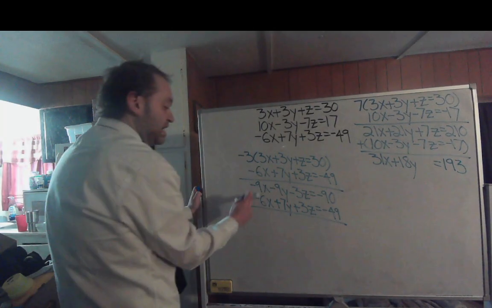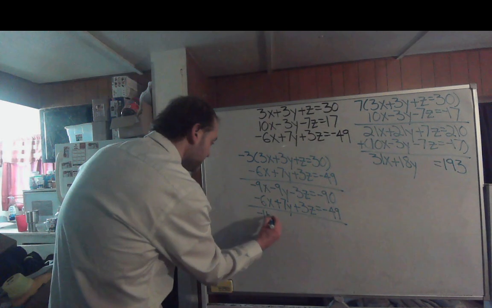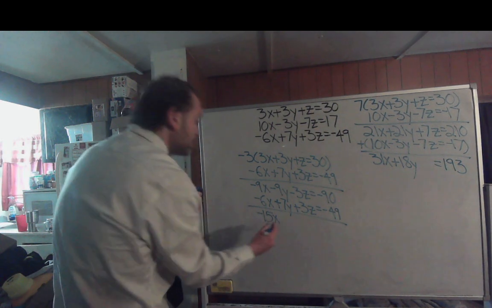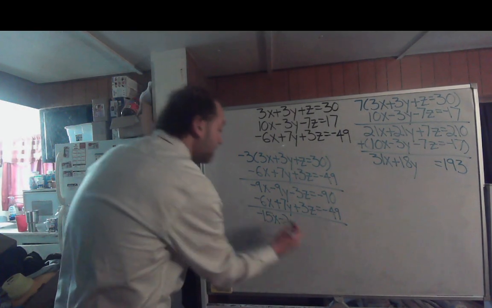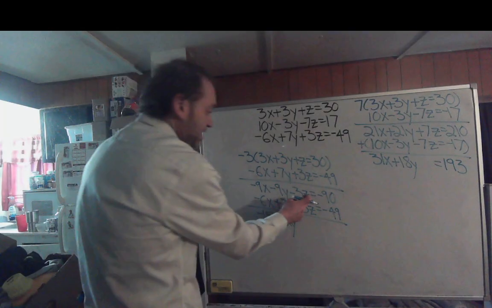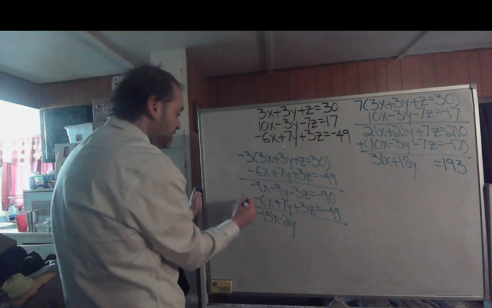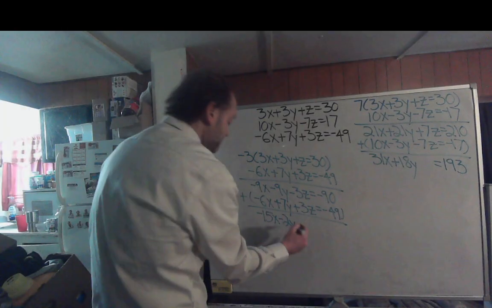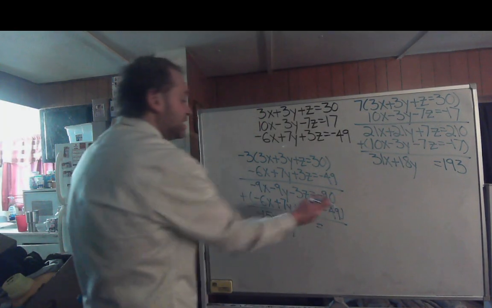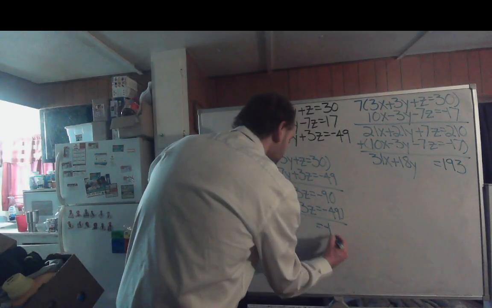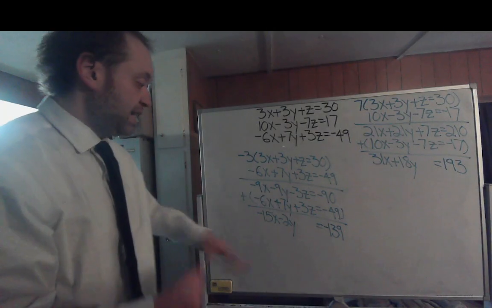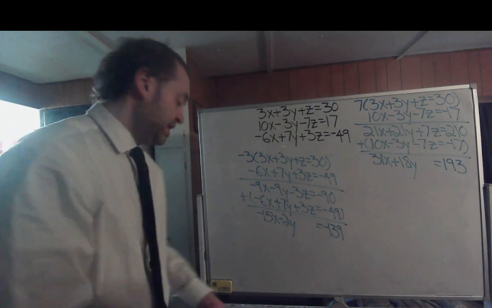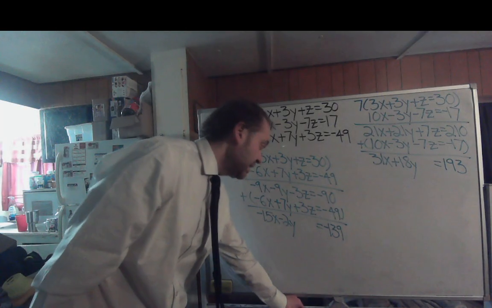So negative 9 minus 6, that would give me negative 15x. Negative 9 plus 7, that'd be minus 2y. And then negative 3z plus 3z, well, that's going to get rid of z. Now negative 90 minus 49, that's negative 139. So I have a second equation of negative 15x minus 2y equals negative 139.